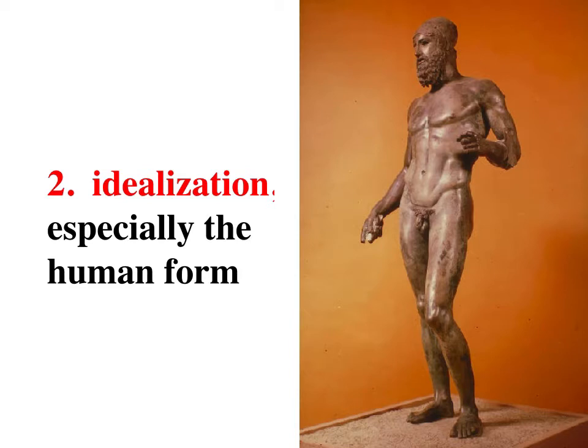In Plato's philosophy, there were three really important ideals that we should all be seeking, and those were truth, beauty, and goodness. But he felt that beauty was the most accessible of the three, the most visible. So, in a way, by this idea of idealizing the human form, it was a way of getting closer to perfection, getting closer to the ideal that Plato felt we should be seeking.